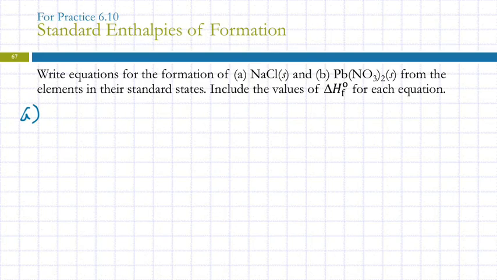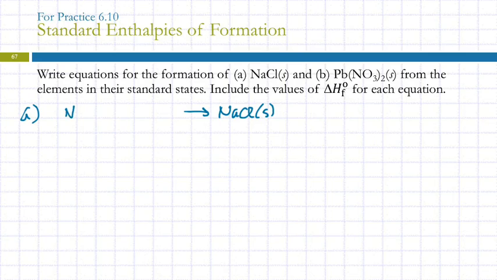Okay, for A. Writing the formation equation for sodium chloride. So the product is sodium chloride, solid, because that's what we're trying to write it for. So the reactants are going to be the different elements that are present. So there's only two here.